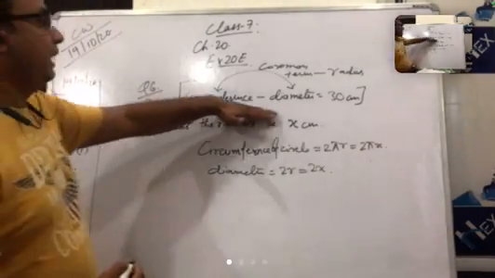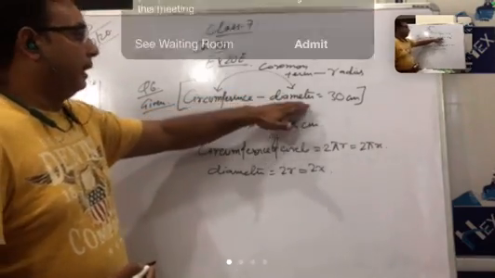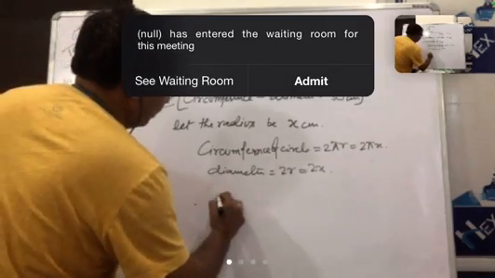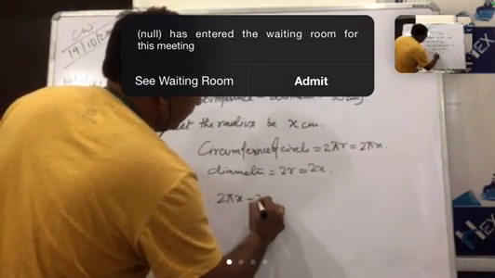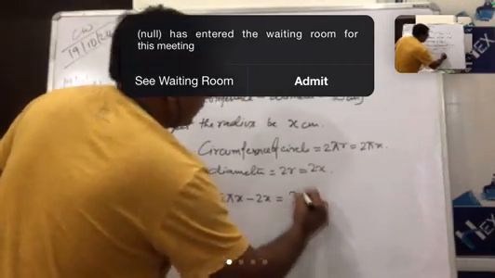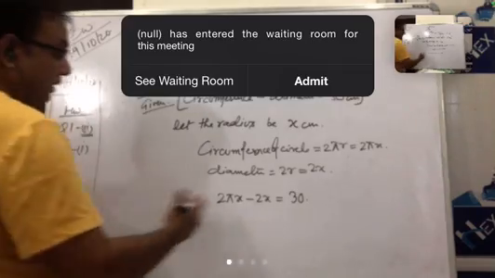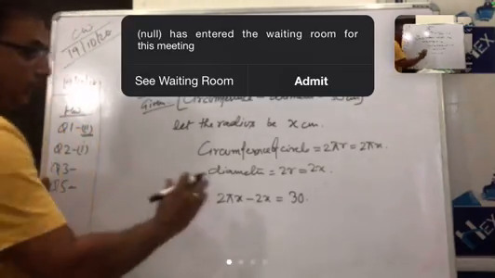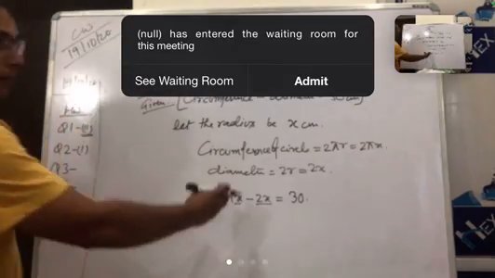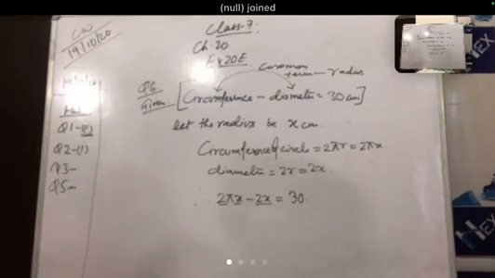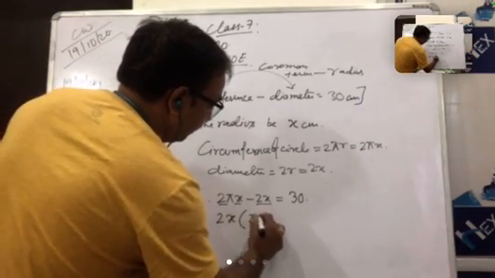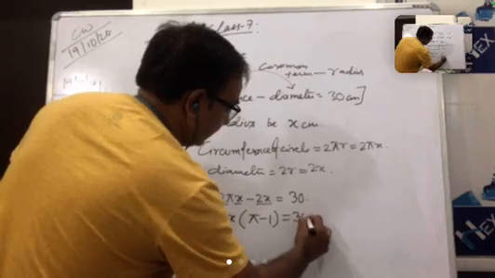Now this is given here, circumference minus diameter is equal to 30 centimeter. So therefore 2 pi x minus 2x is equal to 30. Now we have to solve this. How will we solve it? Let us see carefully. We can take out the common. You see, 2x is common in both. So 2x times (pi minus 1) is equal to 30.